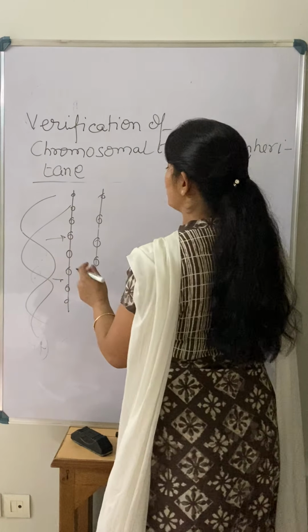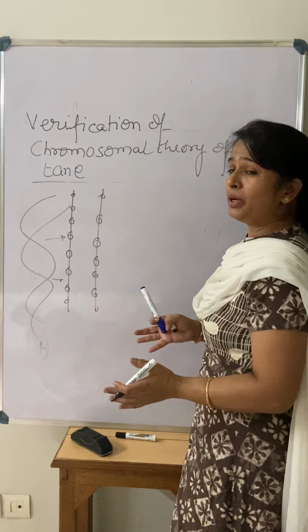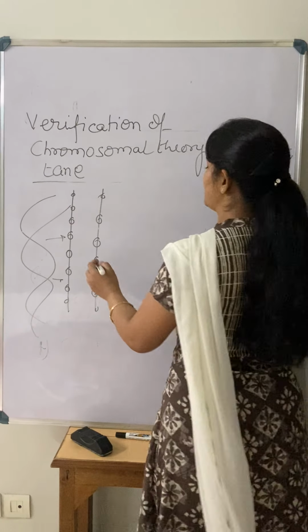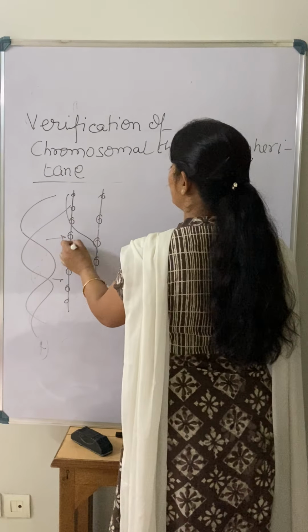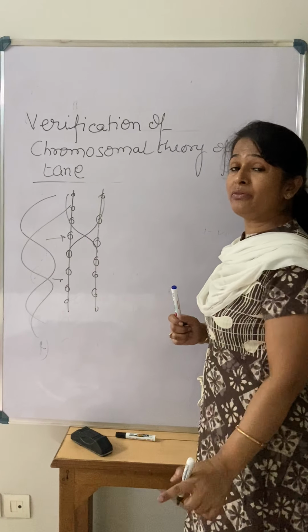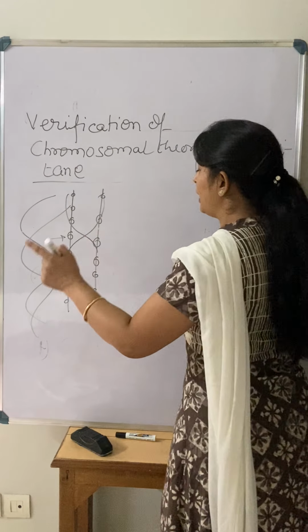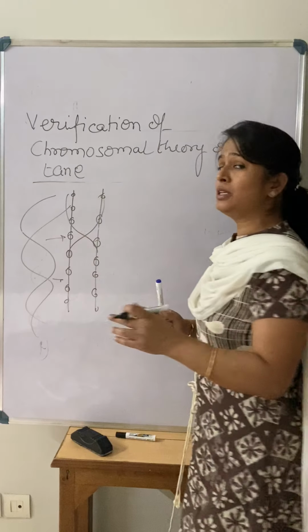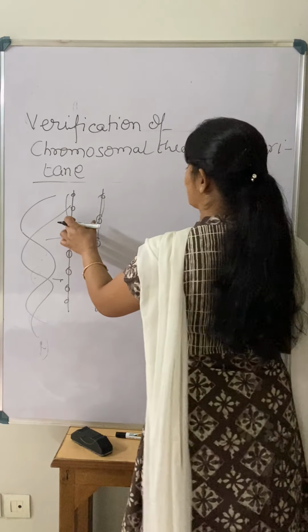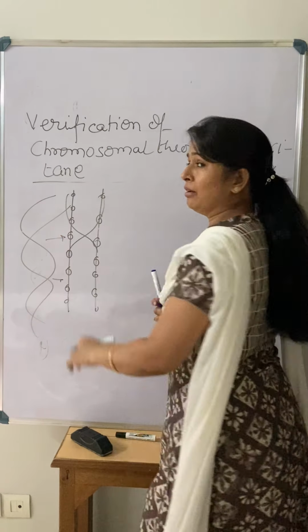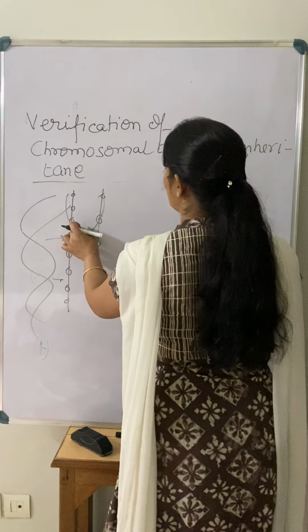Now what happens during the exchange in meiosis, during gamete formation, during crossing over, is that an exchange of segments takes place between the homologous chromosomes, and during that period there is an exchange of genes.